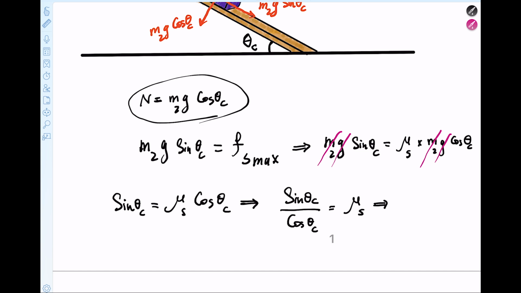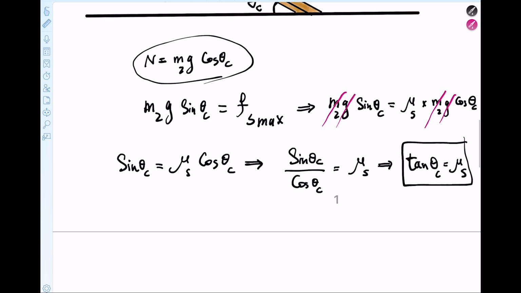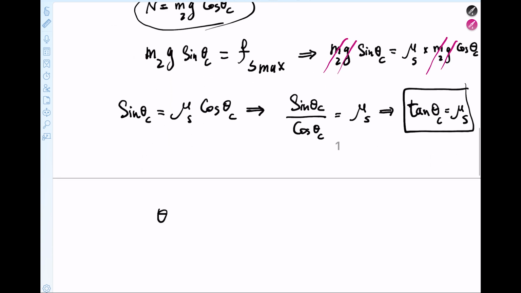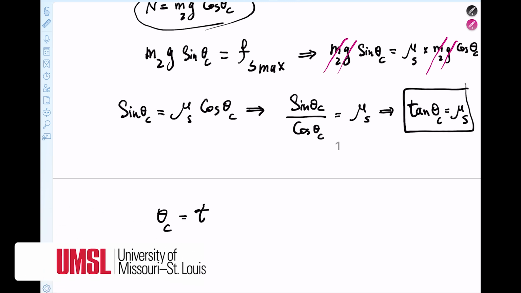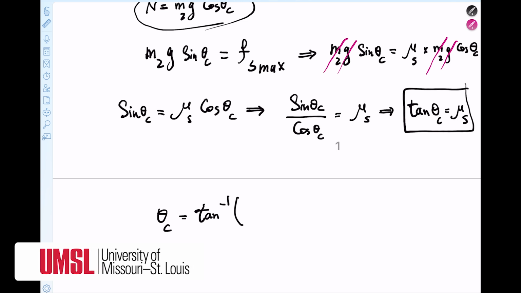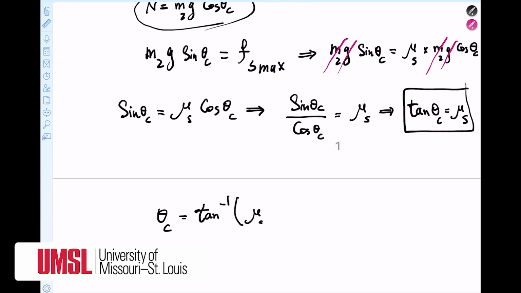Sine divided by cosine is tan, so I have tan theta C equals mu s. Then I can figure out how much that angle is. Theta C is tan inverse of mu s. You can use your calculator to find that.